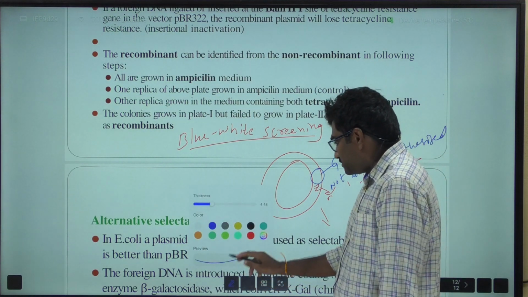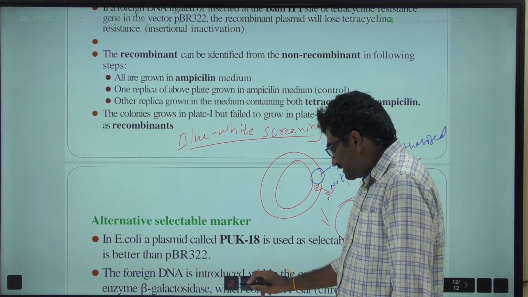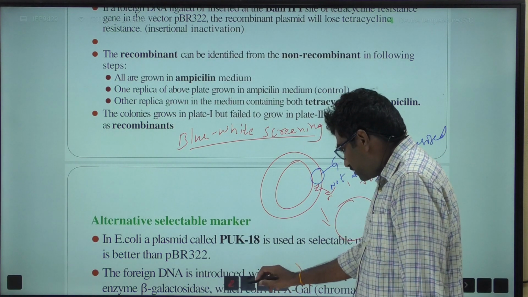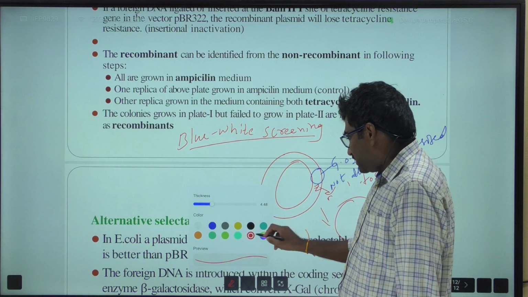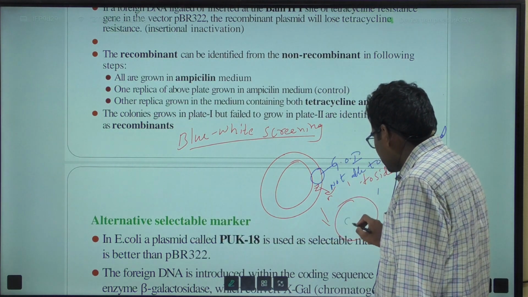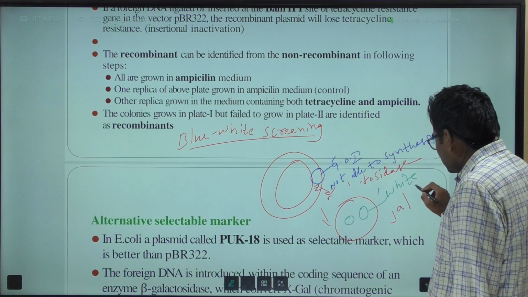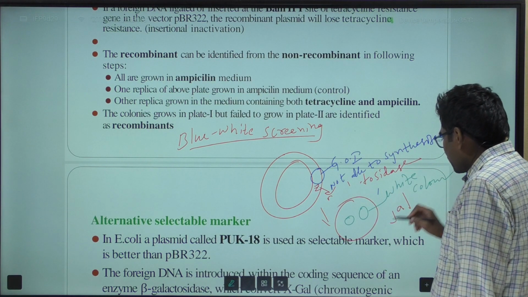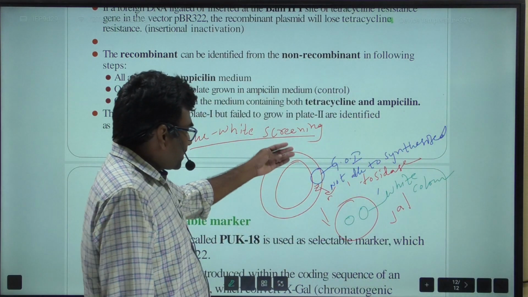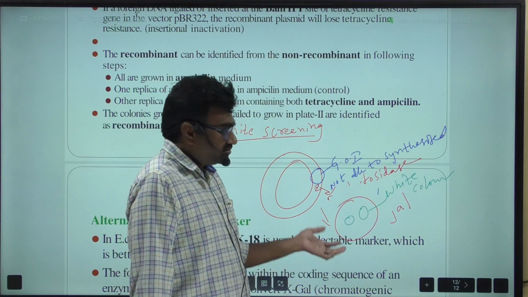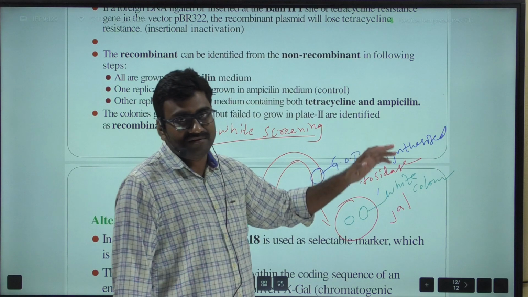Here white color colonies or colorless colonies will be formed. That is when the gene of interest is present. So it is another method, that is blue white screening or the insertional inactivation method.